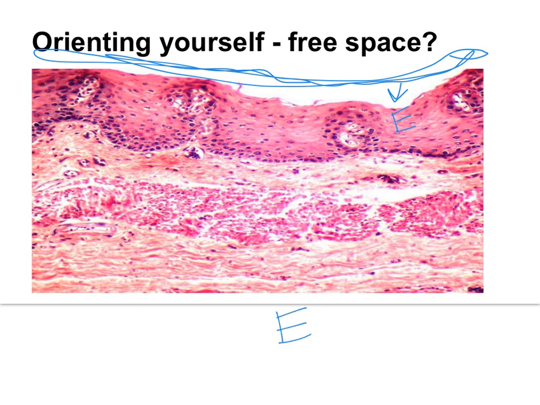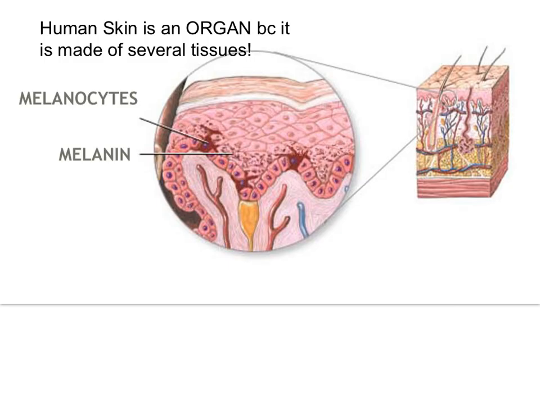This is one of the tissues that we're going to study today. Epithelial tissue is tissue that lines all free spaces. Down here, this is just the end of the slide, but up here, that's free space. So that's practice, figure that out.